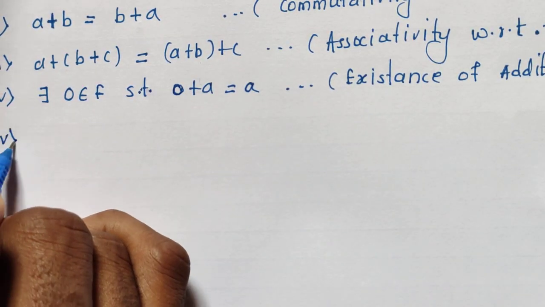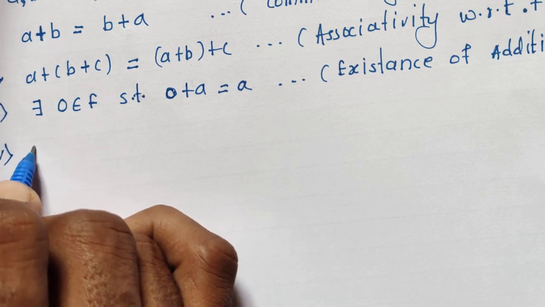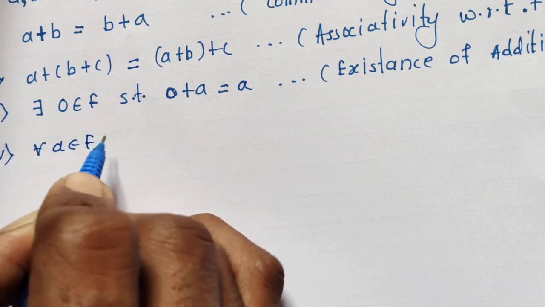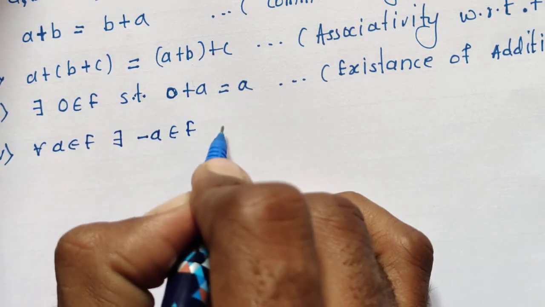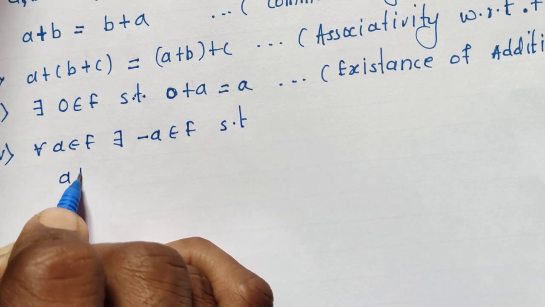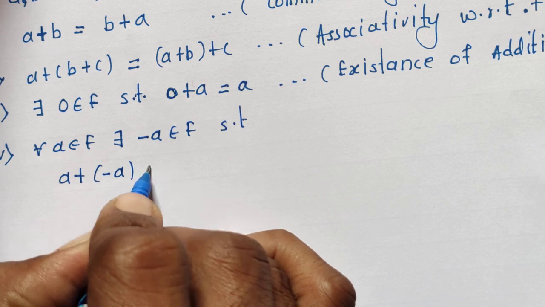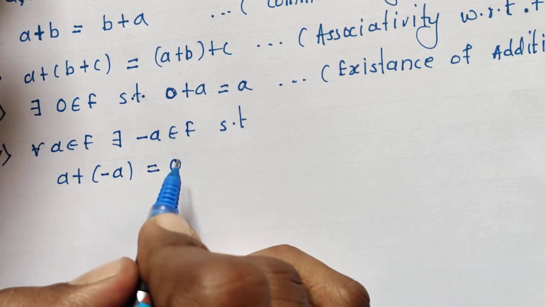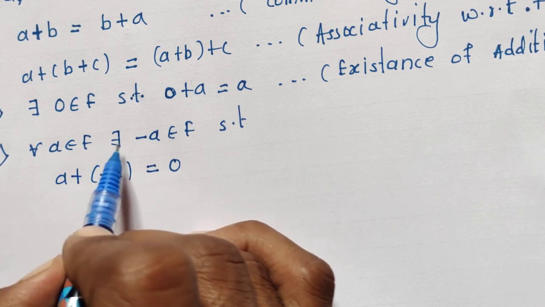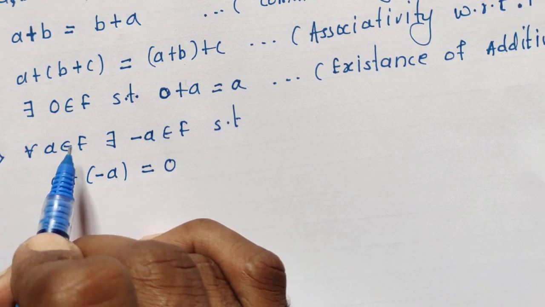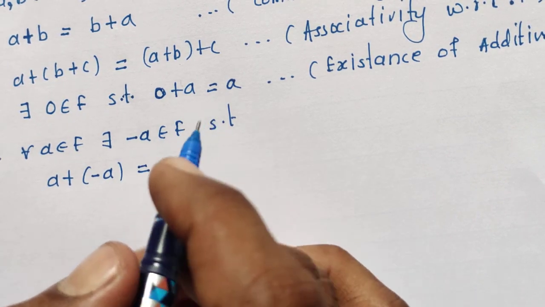Now the fifth property is the existence of a negative number. For all A belonging to F, there exists minus A, again belonging to that set F, such that A plus minus A is equal to 0. That is, for every A belonging to the set F there exists a negative of that number such that if we add A and minus A, we get the 0 element.